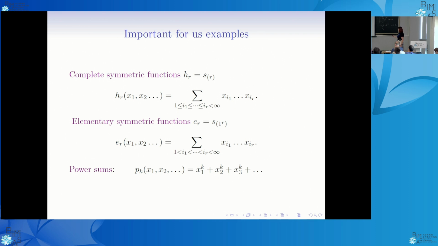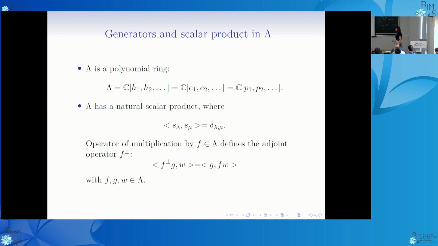So complete symmetric functions are given by this sum of these monomials where the indices are allowed to be repeated, and elementary symmetric functions by similar monomials, but we don't allow the indices to be repeated. And of course, power sums, where we take kth powers of all variables. So these three families of symmetric functions will be of importance for us.